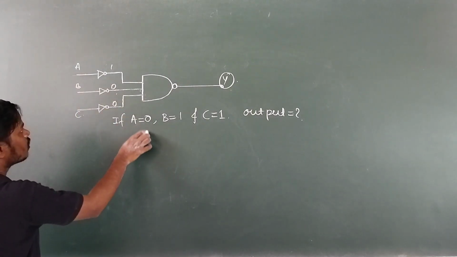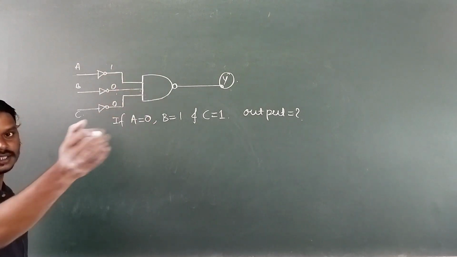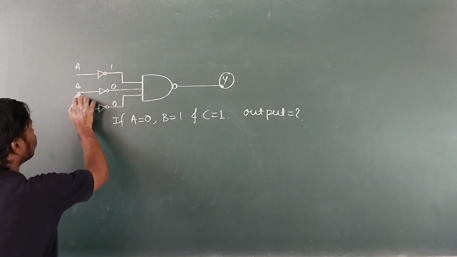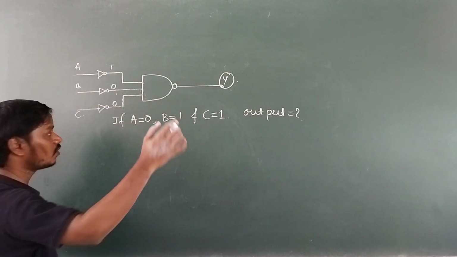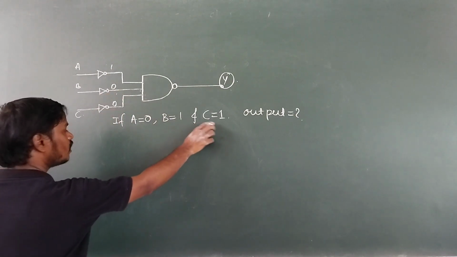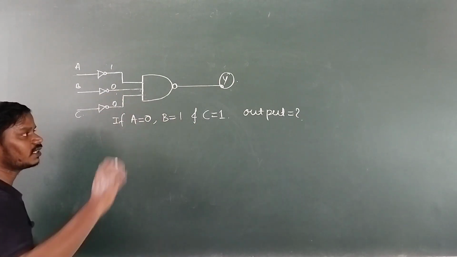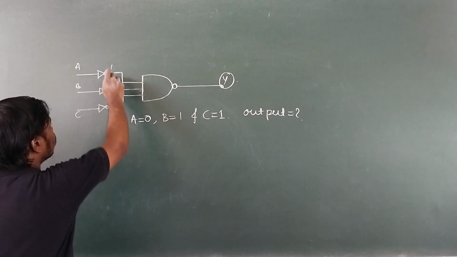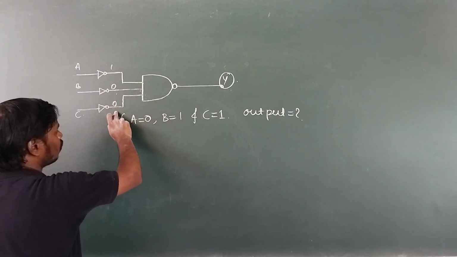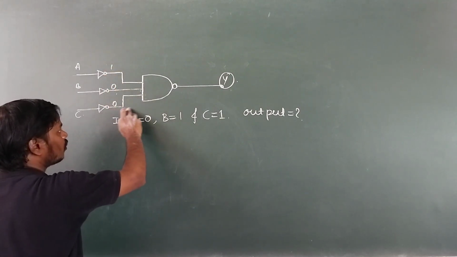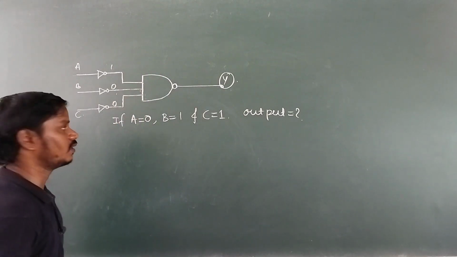A is 0 means the output of the first NOT gate is 1. Then b is 1 means the output of the second NOT gate is 0. Then if c is 1 means the output of the third NOT gate is 0. Now 1, 0 and 0 are the inputs for the AND gate.